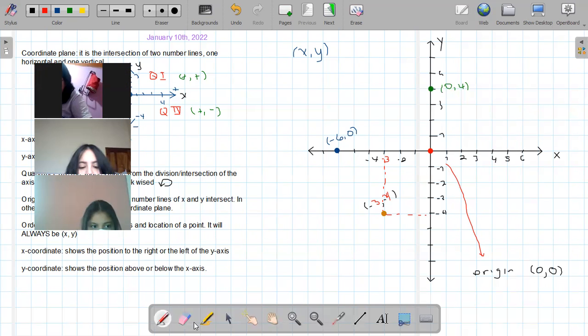Okay, let's do one more. If I say, for example, that I want you to graph, I'm going to write it over here.